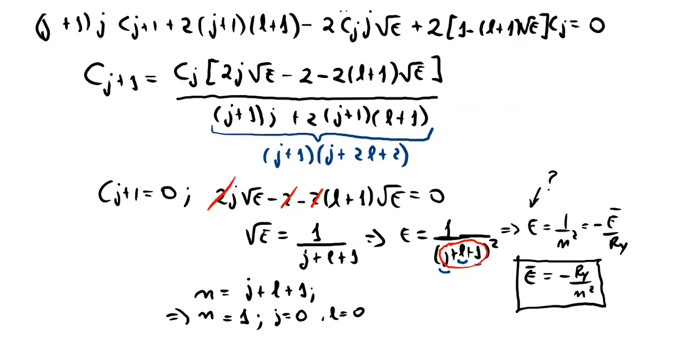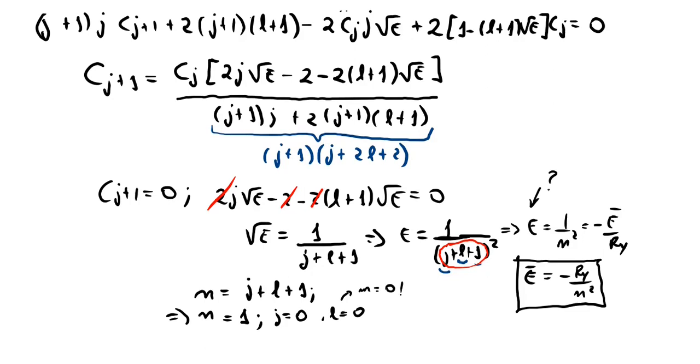So the polynomial that I choose as the solution, right? So if n is equal to 1, I have a 0th order polynomial, which is just a constant, and I need to have L equal to 0. The only solution possible is to have a spherical harmonic with L equal to 0. And by the way, if the spherical harmonic is like that, m can only be 0 as well, right?